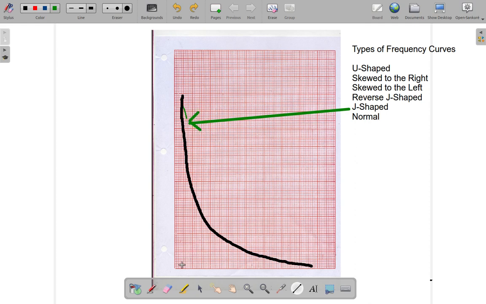Now, you could get this curve if, for example, you have a pot of boiling water and you have a thermometer and a clock. Water boils at 100, those in science know. Let's say the room temperature is 30.